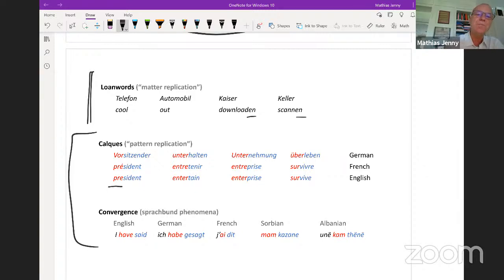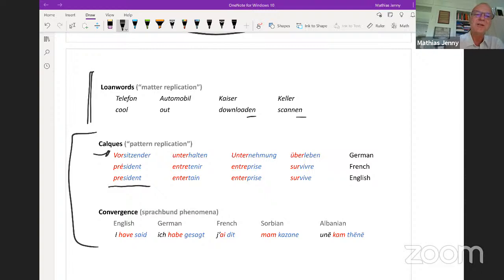So the English word president, for example, comes from the French word président, and in German, well, we can call it Präsident, but it's also Vorsitzender. Now, the interesting part is that pre in president means before, and sitzend means sitting.